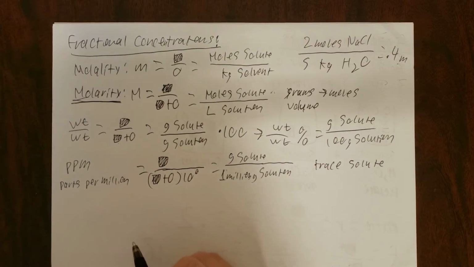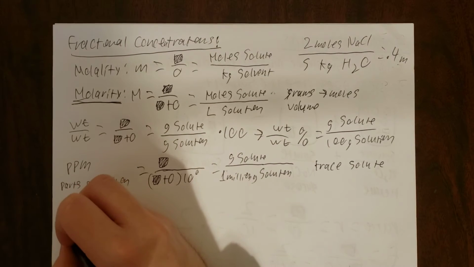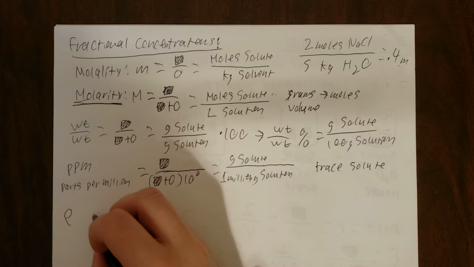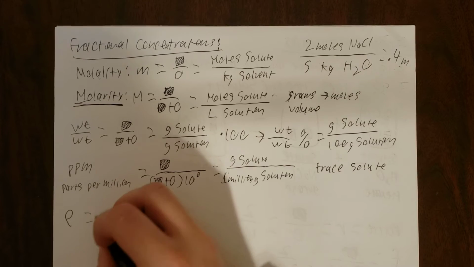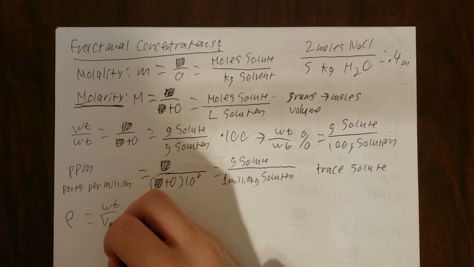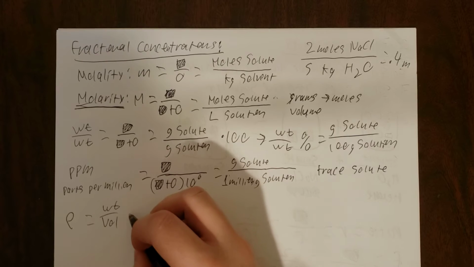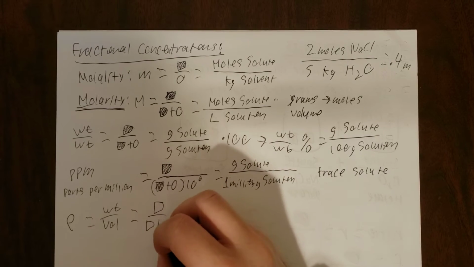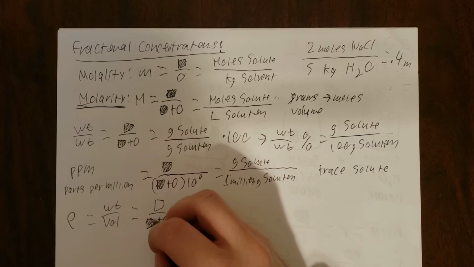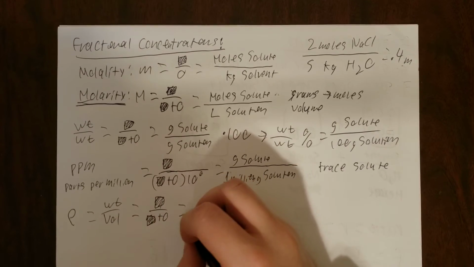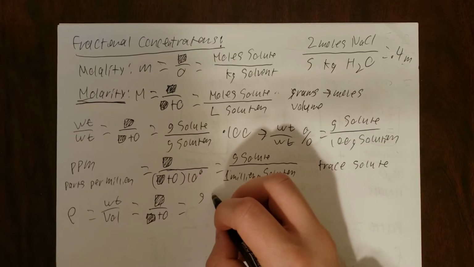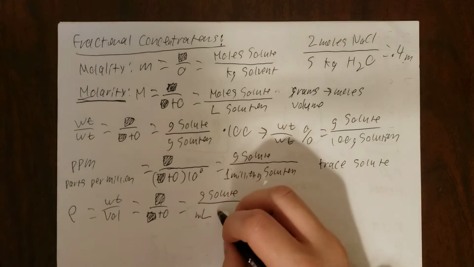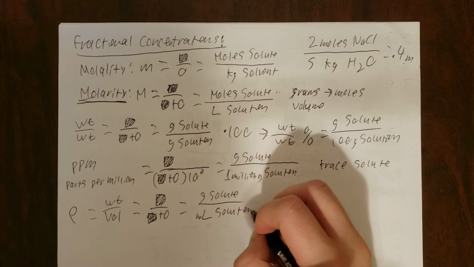But additionally, we have our density, and that's the Greek letter rho, which is a weight per volume measurement. Solute per solution, which is grams of solute per milliliters of solution.